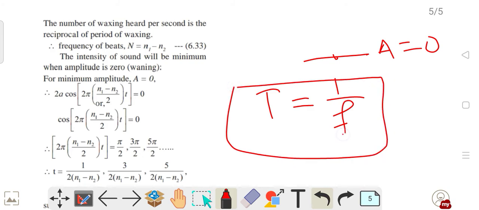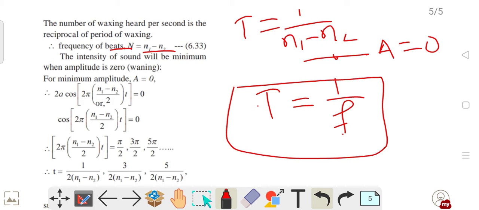So it is talking about frequency and time period. Now frequency of beats equals to, so I have found out that time period was 1 upon n1 minus n2, so the frequency, its reciprocal, is n1 minus n2.